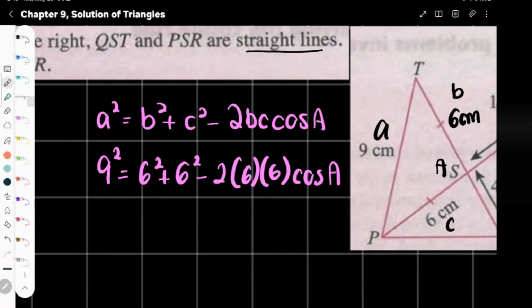Now, use your calculator. 9 squared minus 6 squared minus 6 squared, divided by negative 2 times 6 times 6. The answer for cos A should be negative 0.125.